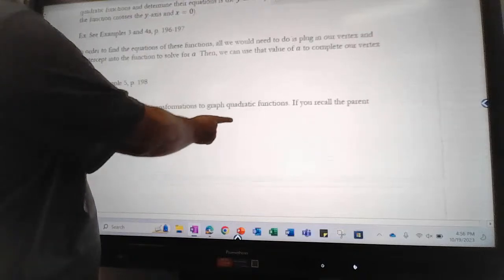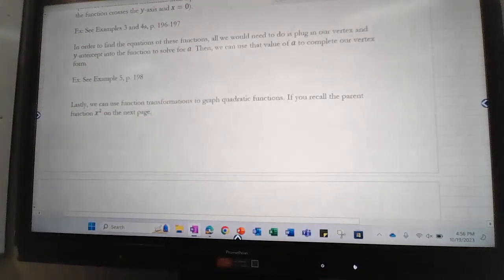Now let's say that we're trying to find the equation of a quadratic function. Well, as long as we know what the vertex is, then we can find the value for a.